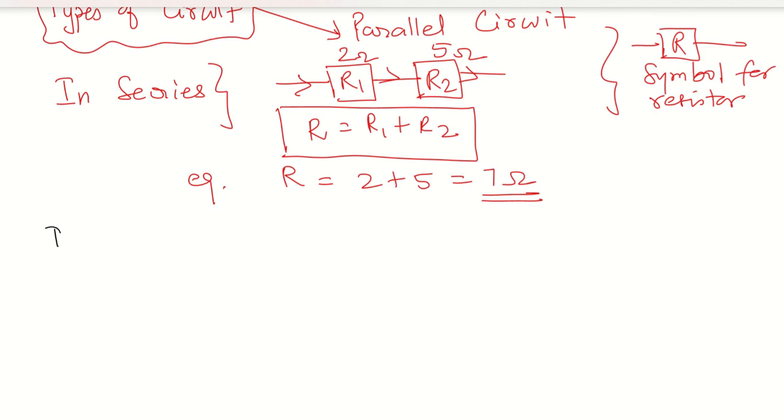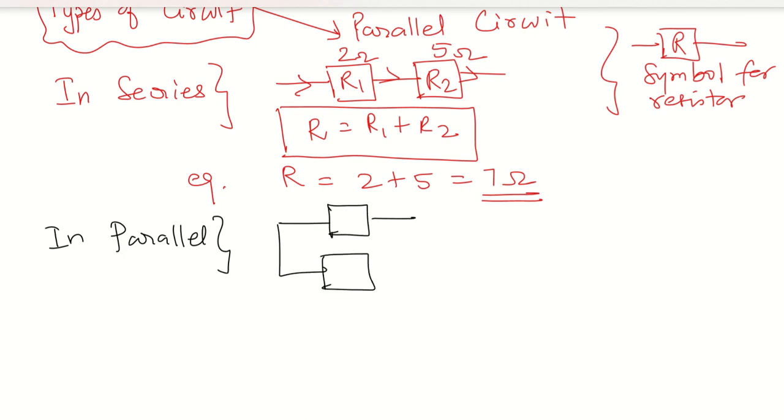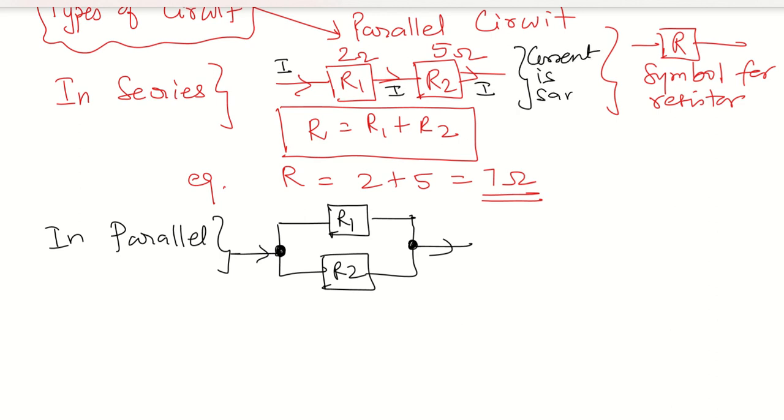Let us see. In parallel, the same resistors become like this, R1, R2. When they become like this, you see there's a junction here. There's a junction here. In the first case, the current which is coming here will remain the same everywhere. So here the current is the same. Here the current is not the same.